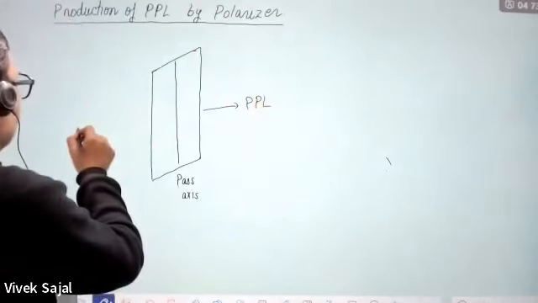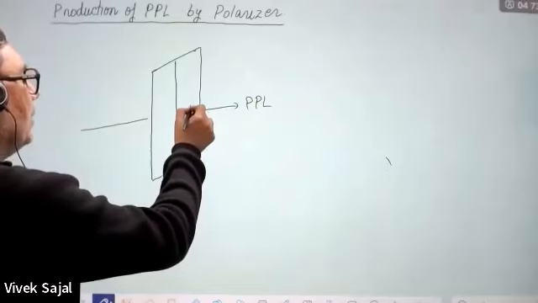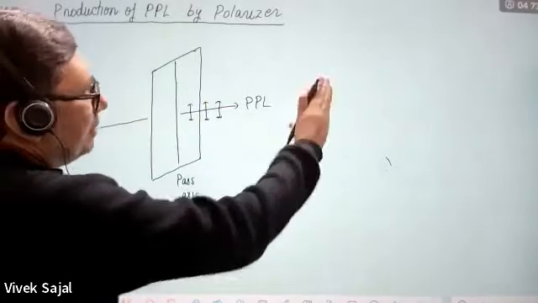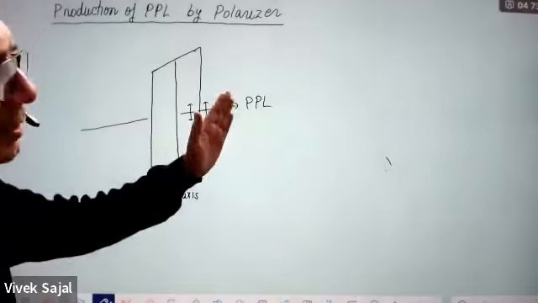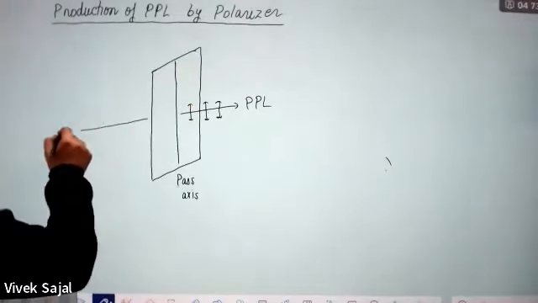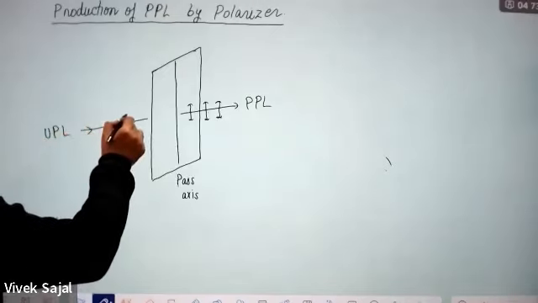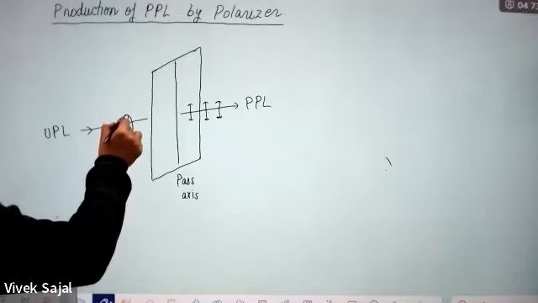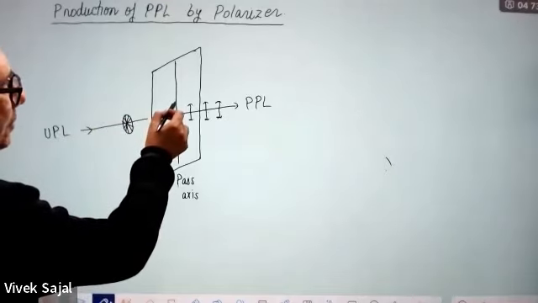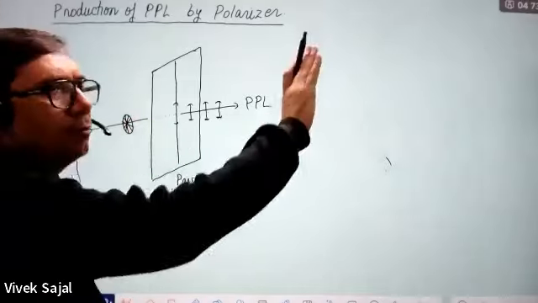Here, unpolarized light is incident, and from here we get plane polarized light whose electric vectors are parallel to the pass axis. In unpolarized light, electric vectors are there in every direction, but out of these, only those which are parallel to the pass axis will be allowed to pass.